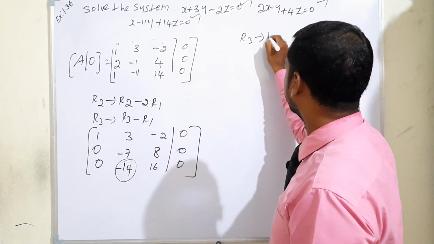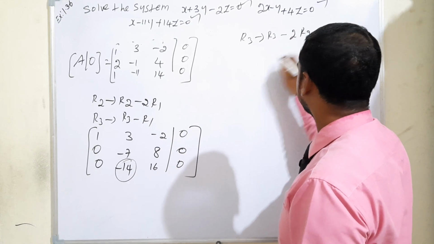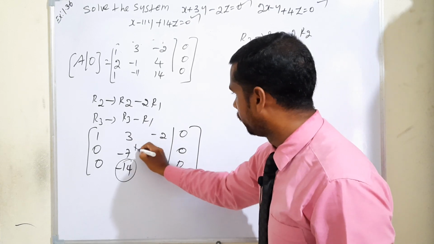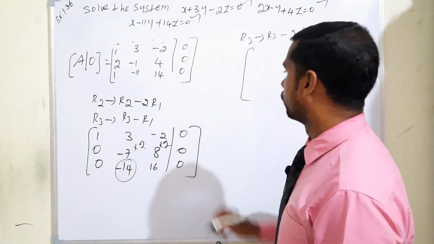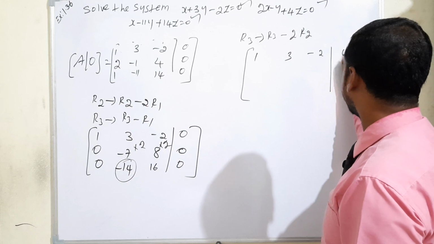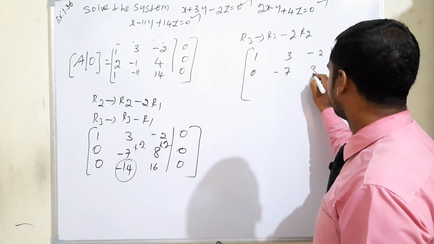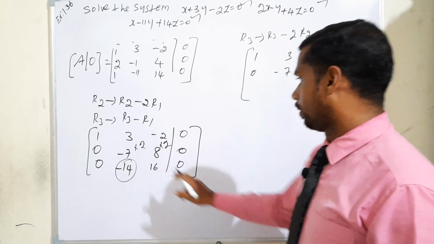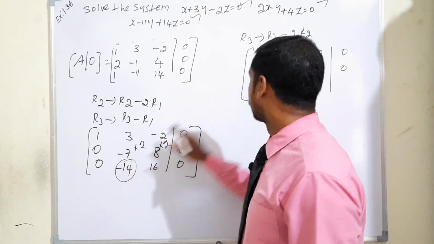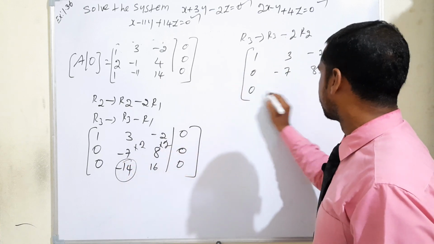So R3 gives R3 minus 2 into R2, isn't it? So 2 into R2. R1 and R2 as it is: 1 3 minus 2 0, 0 minus 7 positive 8 0. Minus 7 into 2 is minus 14. Here common minus, so plus 14 will come. Minus 14 plus 14 means 0.